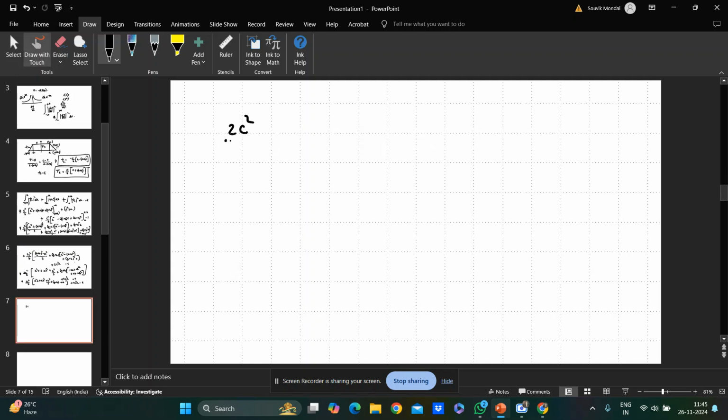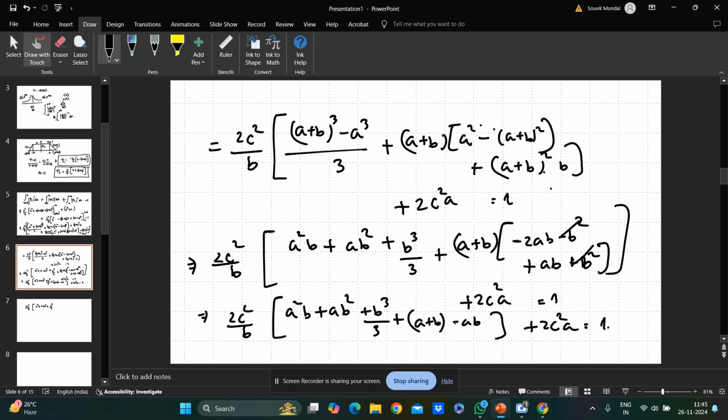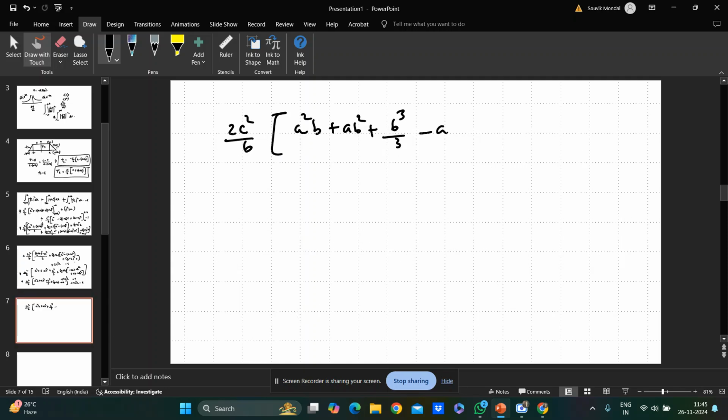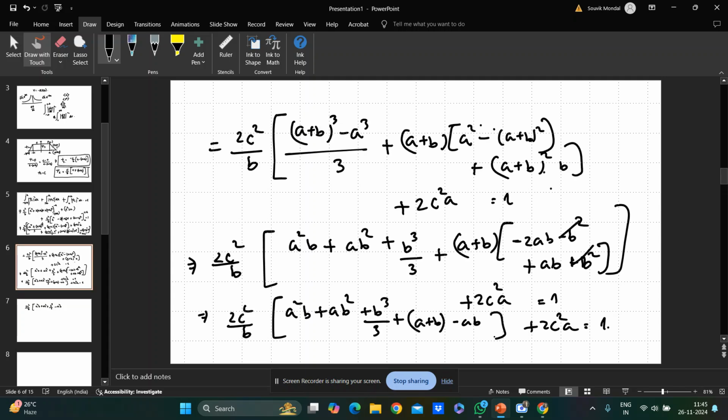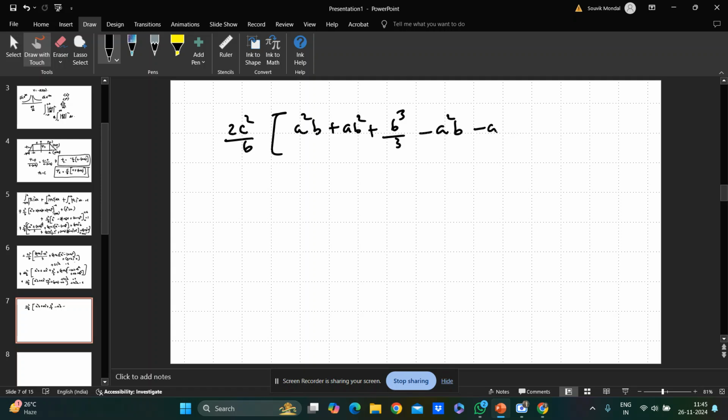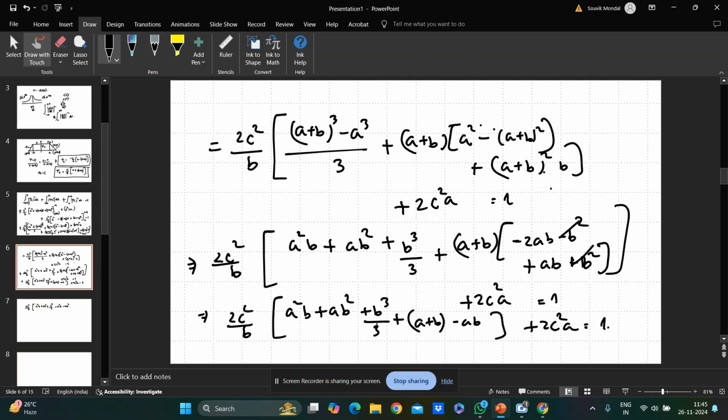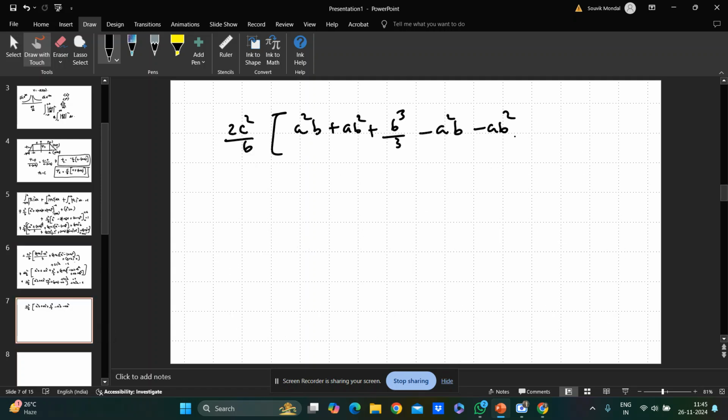So 2c square by b into a square b plus ab square plus b cubed by 3. Now minus ab into a, minus a square b, minus a square b minus ab into b is equal to minus ab square. Okay, so it simplified a lot. Plus 2c square a is equal to 1.